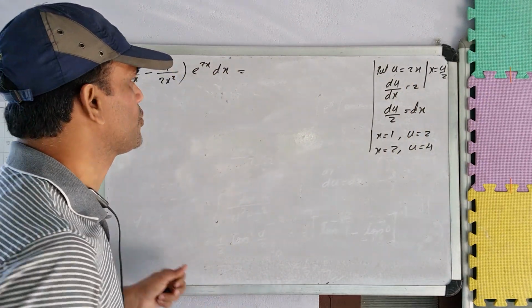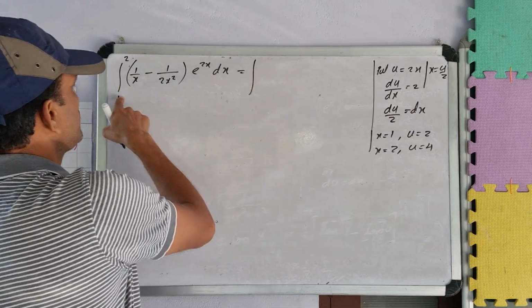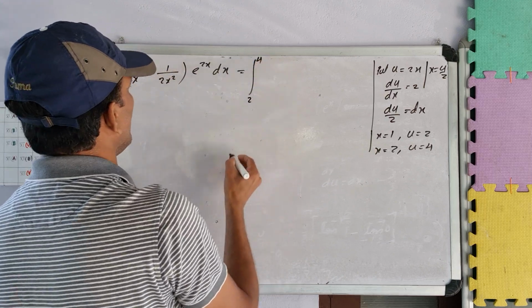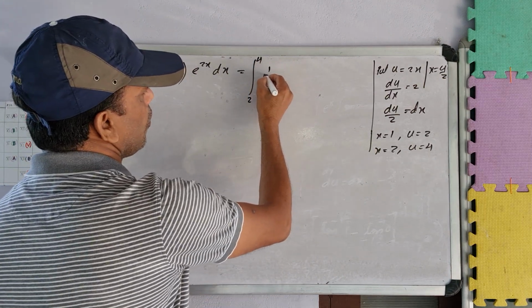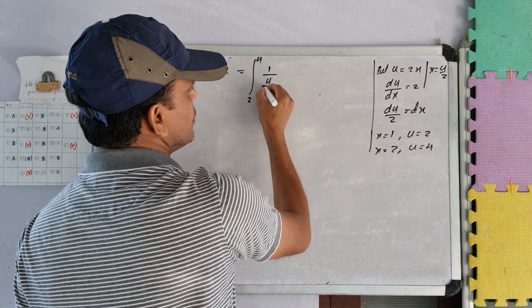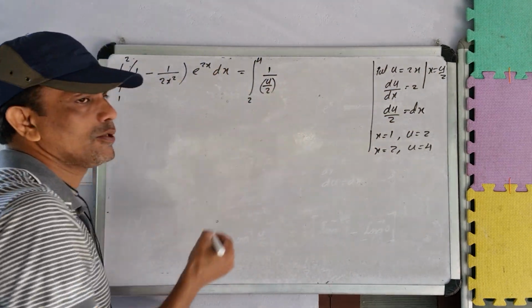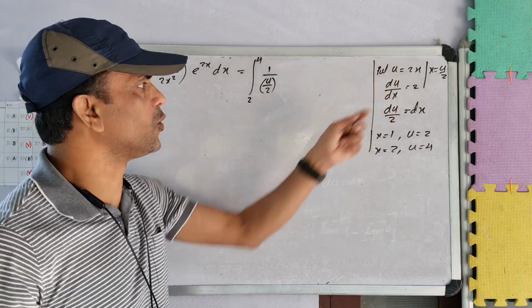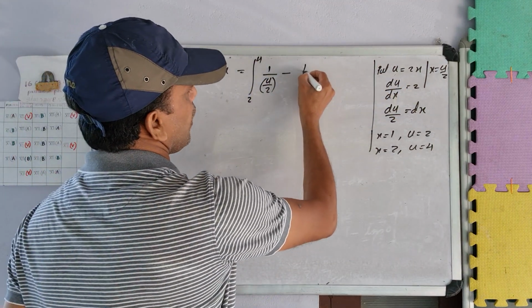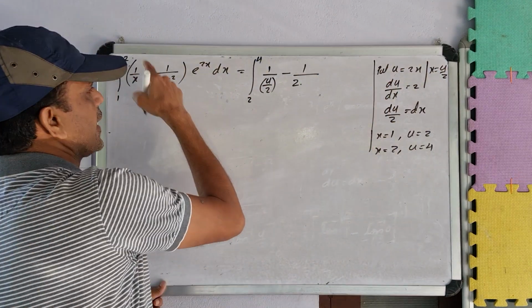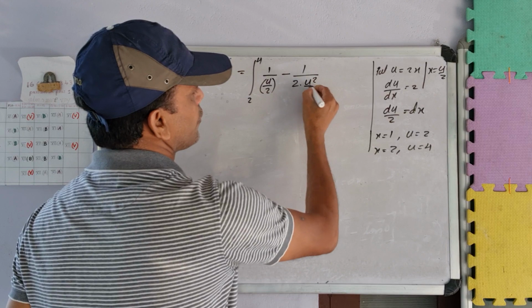Now let's make the substitution. So the integral from 1 to 2 has become 2 to 4. And 1 over x, what's x? It's u over 2. I change the limits, and I change the variable too. So every x will become u over 2, minus 1 over 2 times, if x is u over 2, what's x squared? u squared over 4.